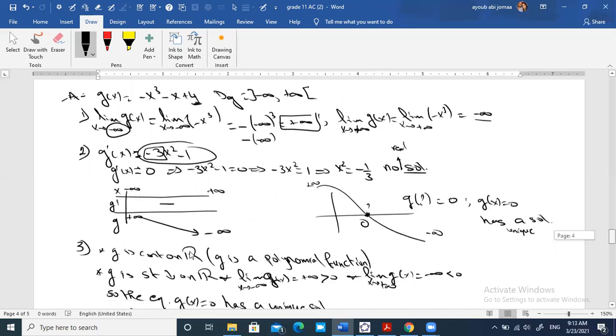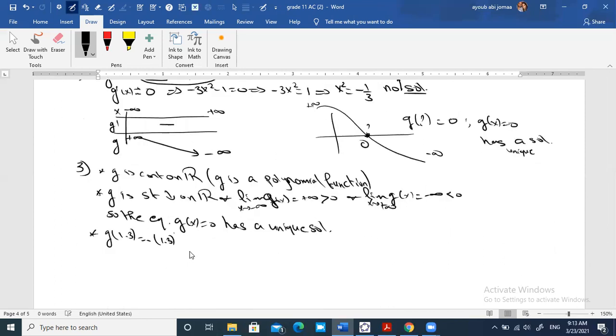So negative 1.3 to the power 3 minus 1.3 plus 4. See the answer. And g of 1.5 is equal to negative 1.5 to the power 3 minus 1.5 plus 4. I don't remember the answers, just a moment.